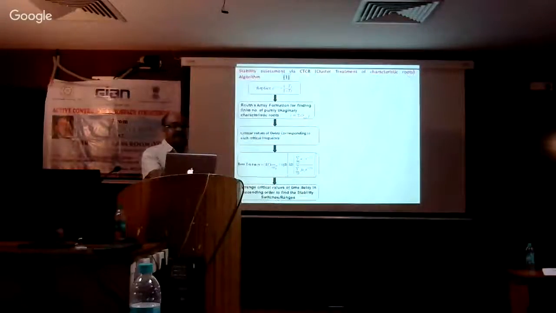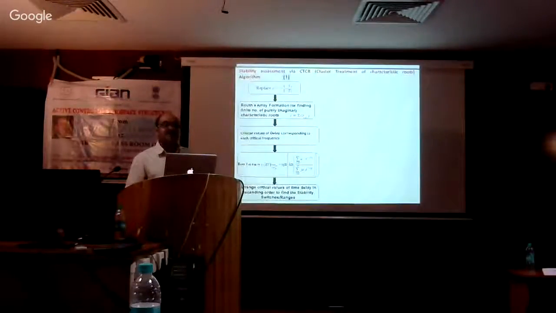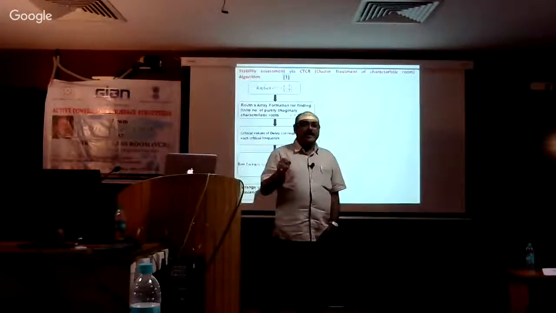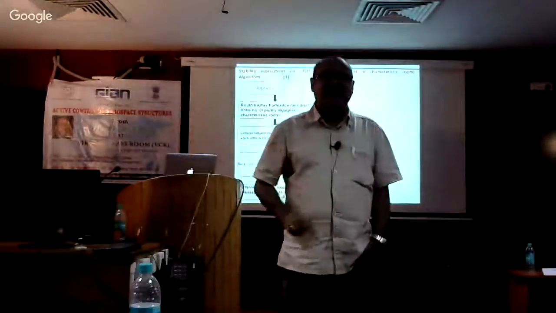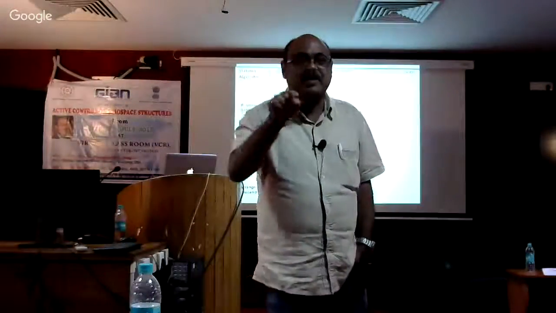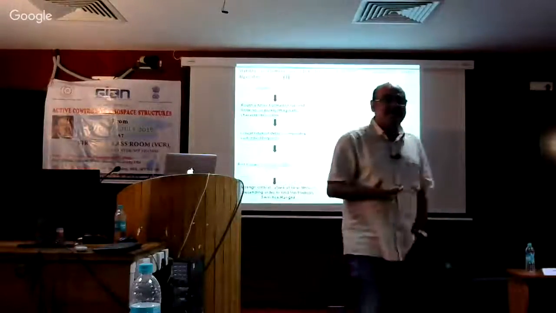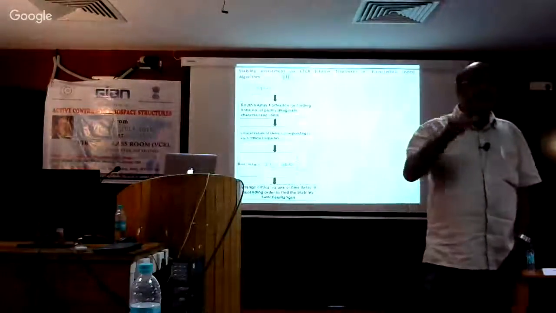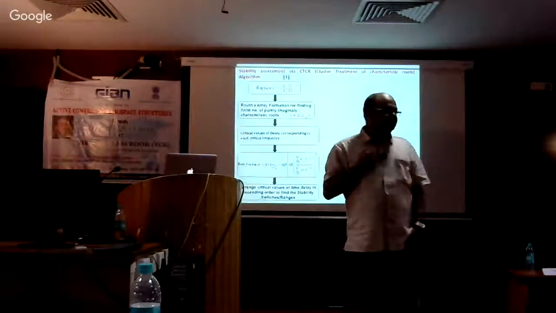So now if you replace in this equation this star on the right hand side, it will become a characteristic equation free from delay, and it will become finite dimension in the parameter capital T. That's the beauty. As soon as it becomes a characteristic equation in a variable capital T, you can use Routh-Hurwitz.